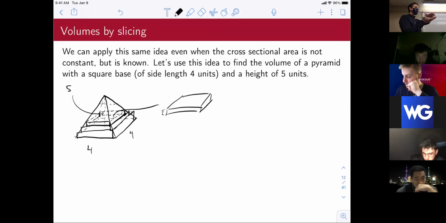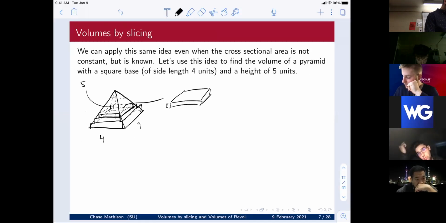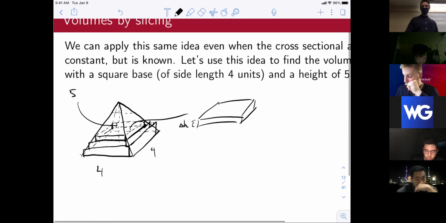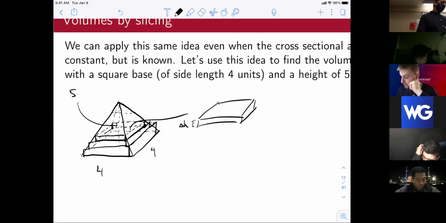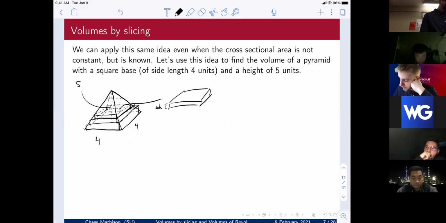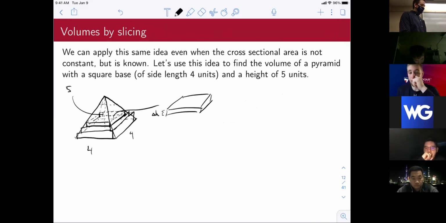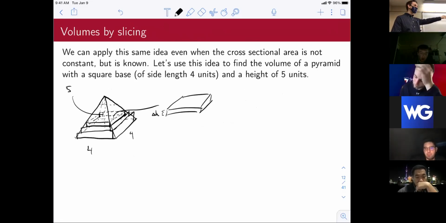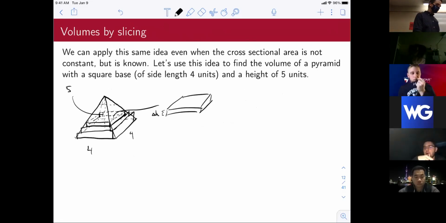So each slice will have a width of, well, I'm building up the height, so I'll call the width delta H. Again, it's not always going to be building up the height, but here we are. So then if I can just find the side length, then I'm good. Then I can find the volume of this little sliver of the pyramid. I can add all of the pyramid slivers up, and then I have the final solution.